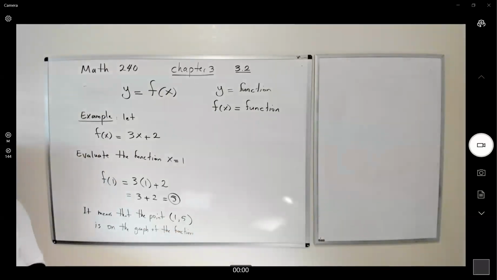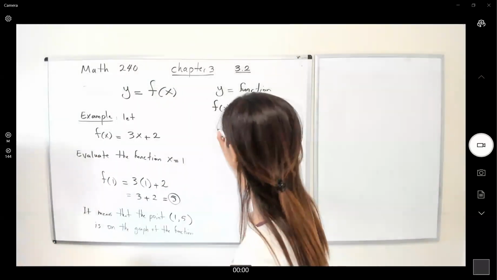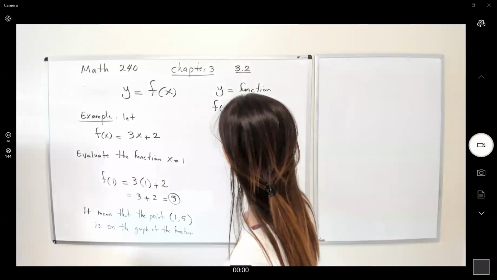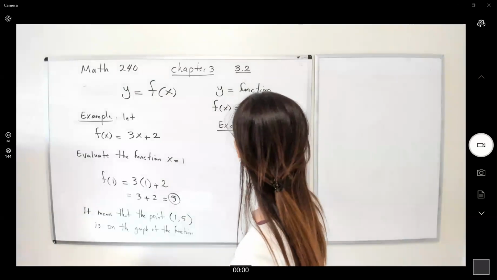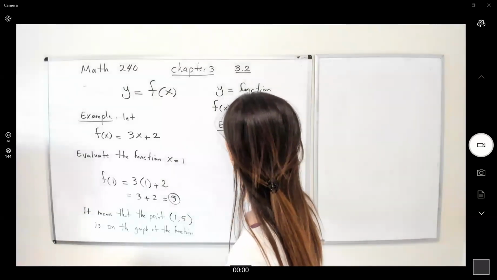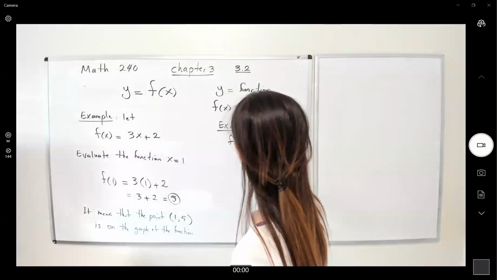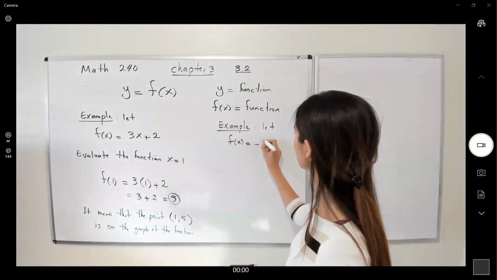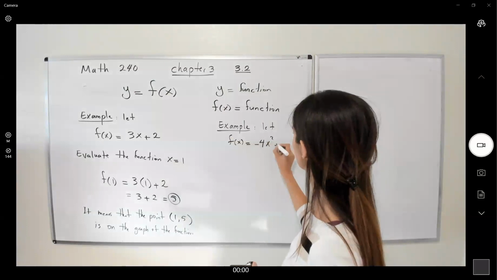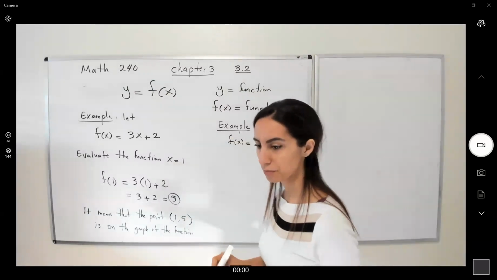Another example for you. Let f of x be minus 4x squared plus 3x minus 2.